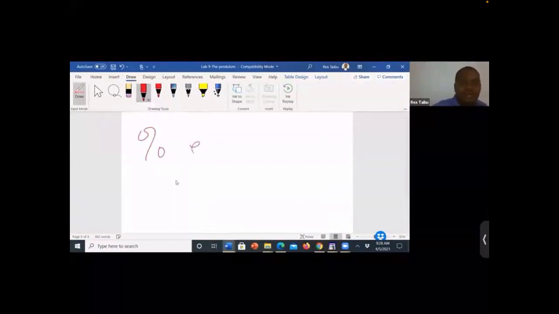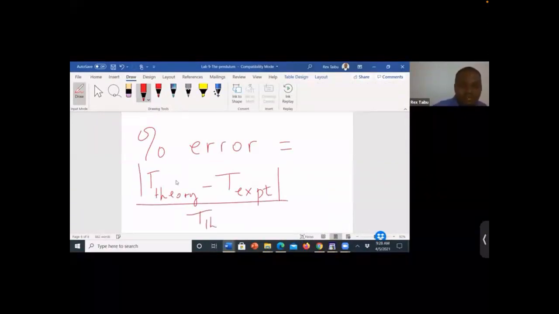So percentage error is equal to T theory minus T experiment, divided by T theory, then you multiply by 100.